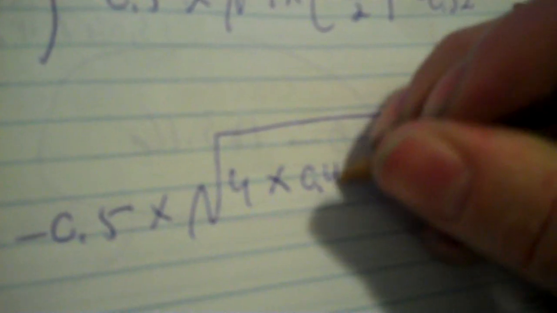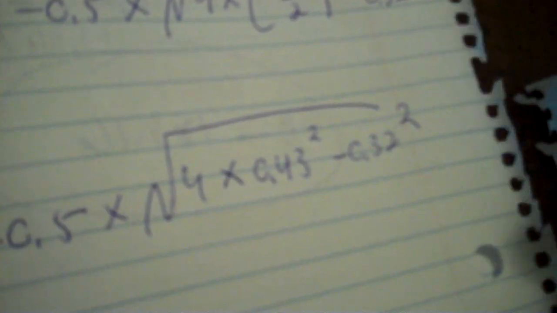I'm dividing here. So 0.85 divided by 2 is 0.43 when you round, minus 0.5 times 4 times, and then I take my 0.85 divided by 2, 0.43 again, but it's to the second, minus 0.32 to the second.